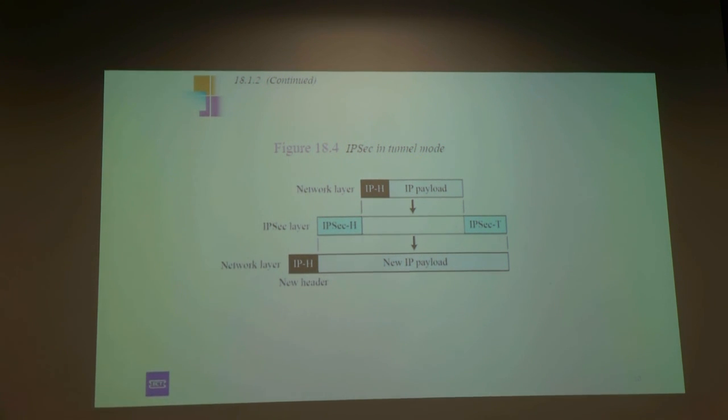The new IP header, as we will see shortly, has different information than the original IP header. Tunnel mode is normally used between two routers, between a host and a router, between a router and a host. Okay, as you see it in here.